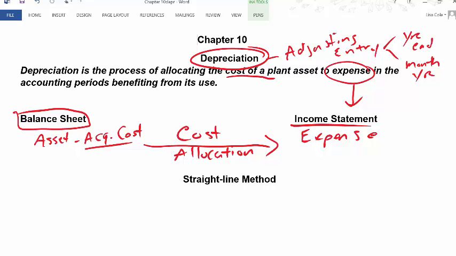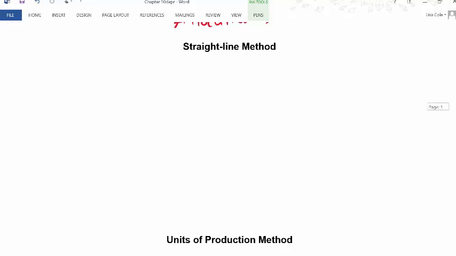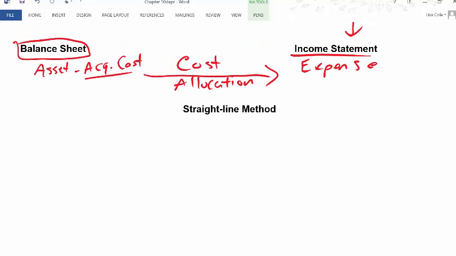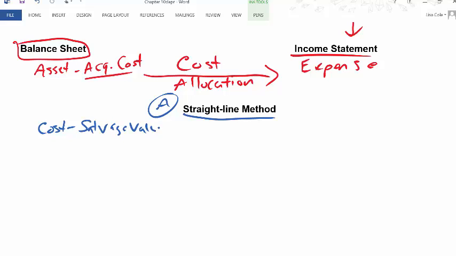And so there are three ways that we're going to look at in this chapter for doing depreciation. The first method that we're going to look at is the straight line method. We're going to take the cost, and we looked at this a little bit in chapter 3, minus the salvage value, and we're going to divide it by the useful life, and that's the years that we anticipate using it.